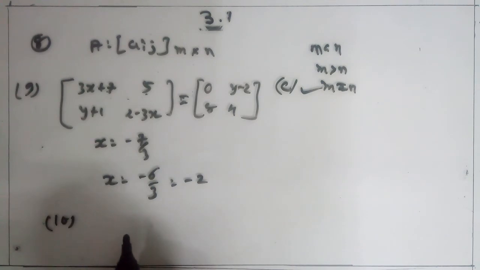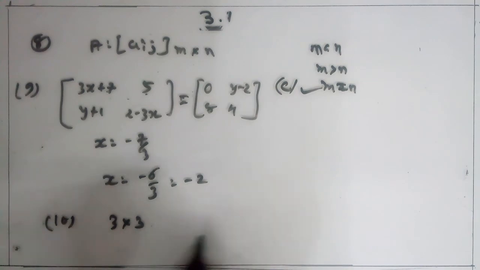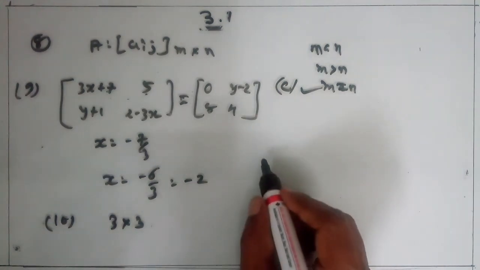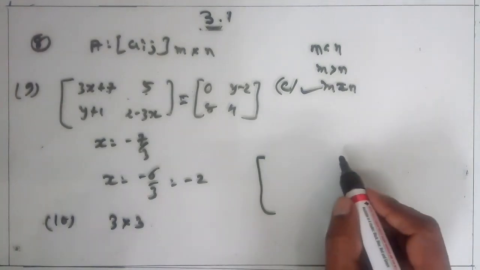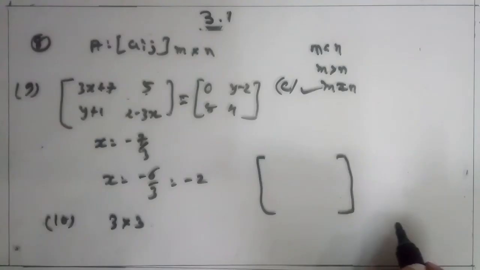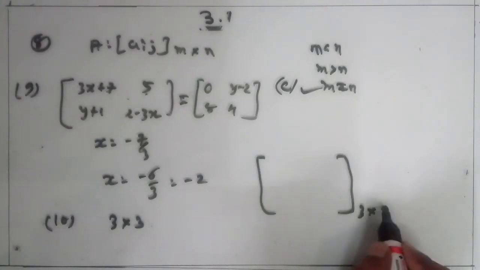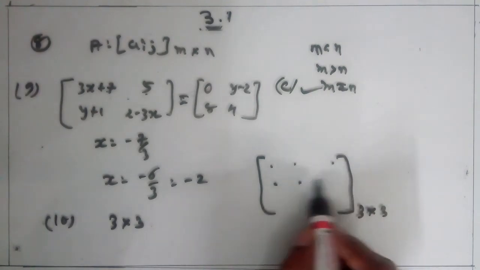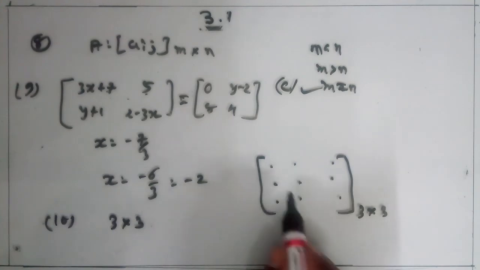Now the last question, number 10. The number of all possible matrices of order 3 cross 3 with each entry 0 or 1 is equal to blank. Here this is a matrix of type 3 cross 3, 3 rows and 3 columns.